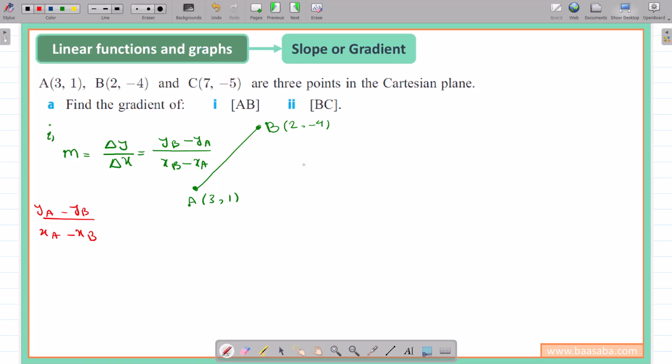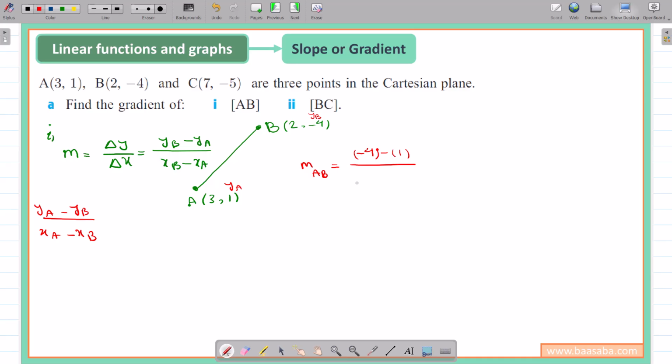So I'm going to write the m of AB as the equation here. What is yB? This one is yB, this one is yA. So I'm going to write -4 minus 1. You can use parentheses to avoid misunderstanding about the sign of each number.